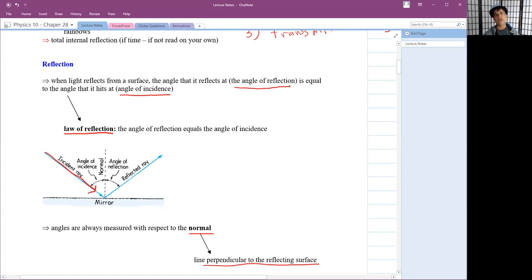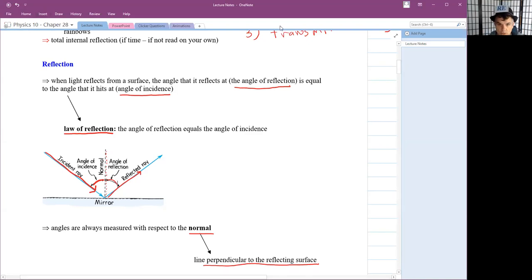Well, the angle I care about is the angle between the normal and the surface. So in this case, the normal, I would draw a perpendicular line. The angle that it hits at is this angle here, and that's called the angle of incidence. The angle that it reflects at, again, I would measure that angle with respect to what's called the normal. So this little line drawn perpendicular, the angle it reflects at is called the angle of reflection. Those two angles are always, always, always equal to each other.